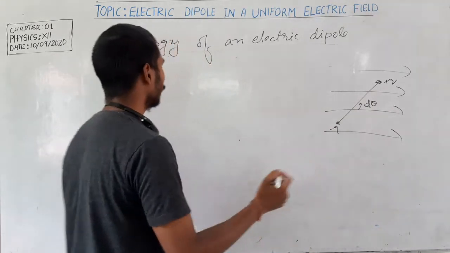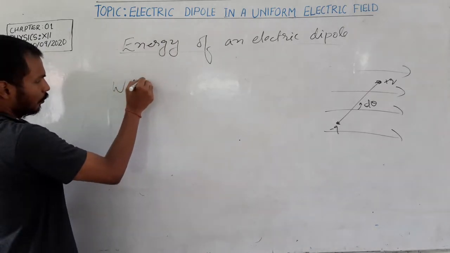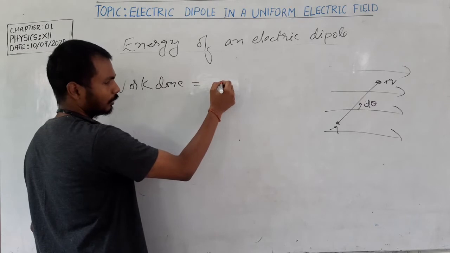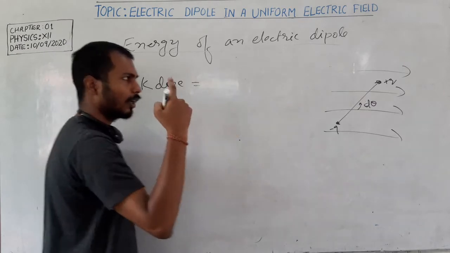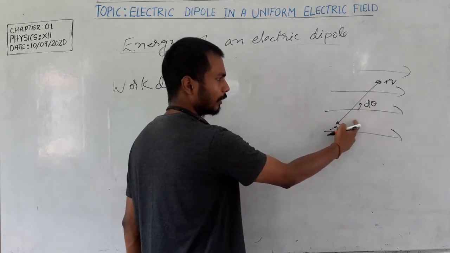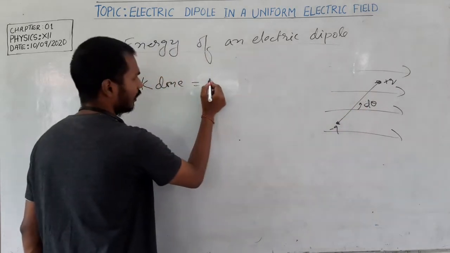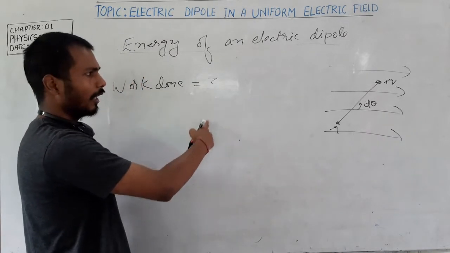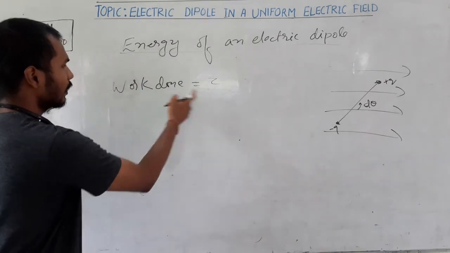Work done is equal to force into displacement. Now what is the force when the dipole is placed inside the uniform electric field? Torque. Torque is acting as force, and force into displacement is work done.